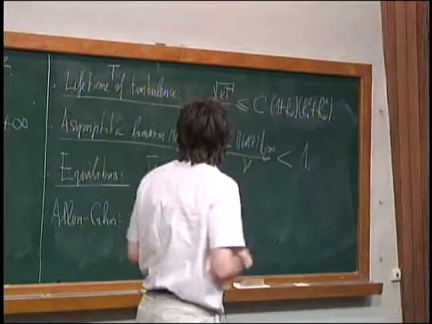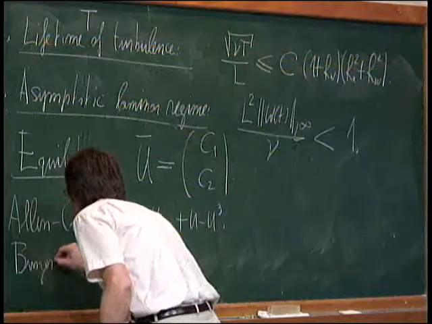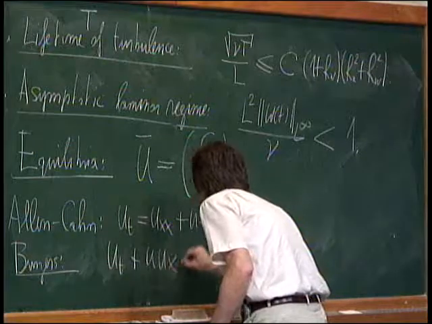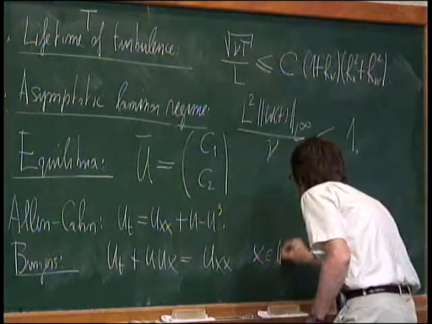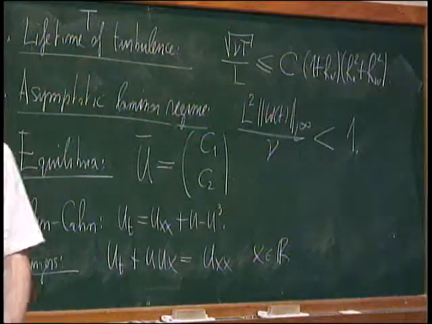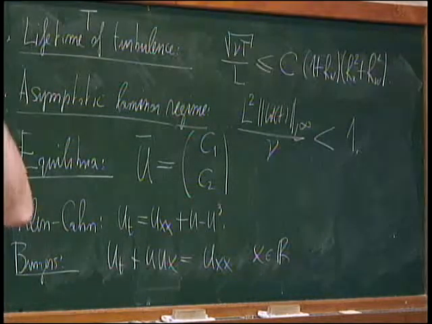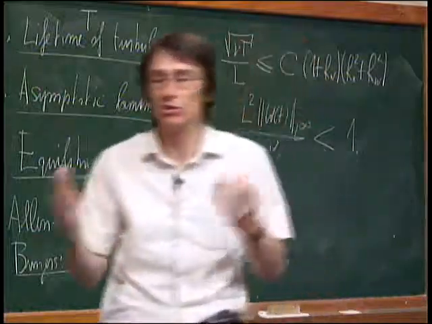This is proved. And another equation which is interesting is Burgers'. If you take the viscous Burgers' equation, u_t + u u_x = u_xx, x in R, you cannot prove that this equation converges uniformly on compact sets to the set of equilibria, even if you include in the set of equilibria all the shocks and their translates. It is just not true.